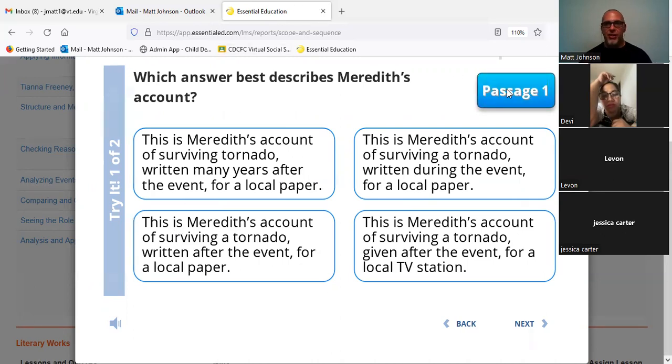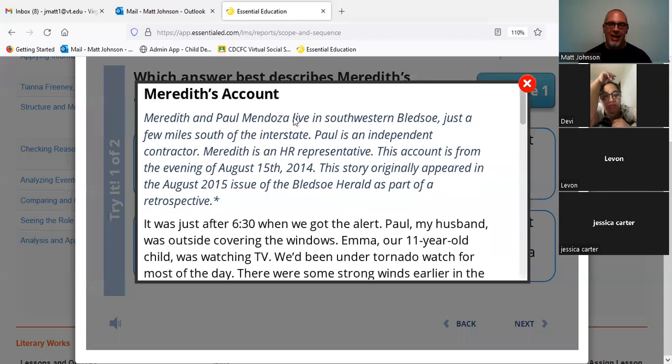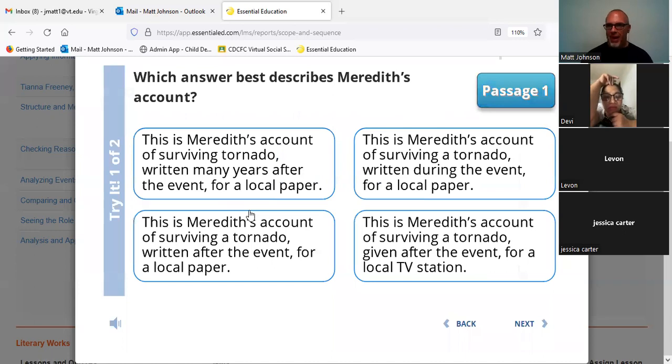I always mention this too: look at the titles of things and the additional information, whether it's inside the passage itself, the title, or a source like a reference footnote. You want to make sure you take it all into account. So our answer here is Meredith's account of surviving a tornado, written after the event for a local paper.